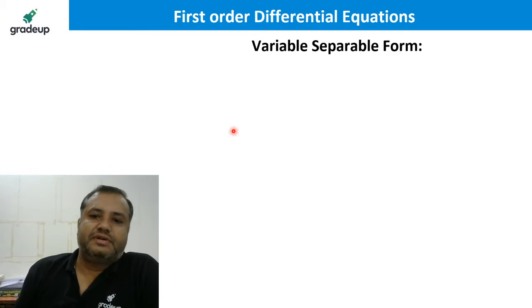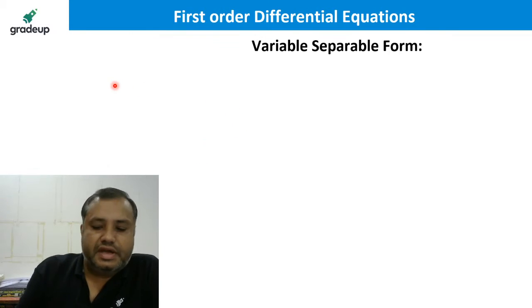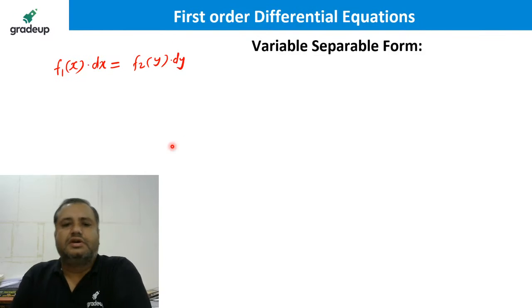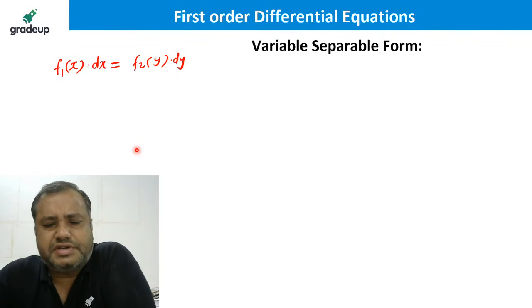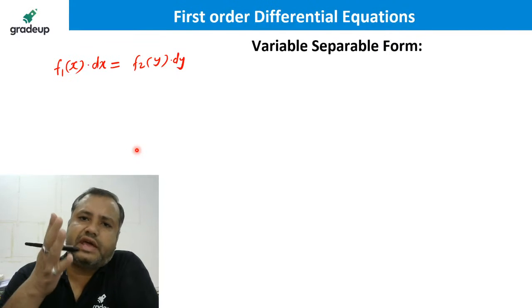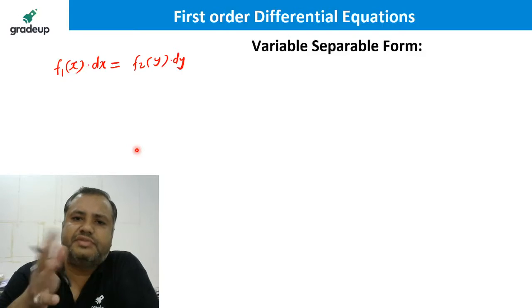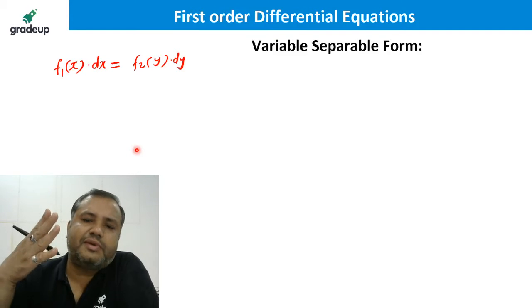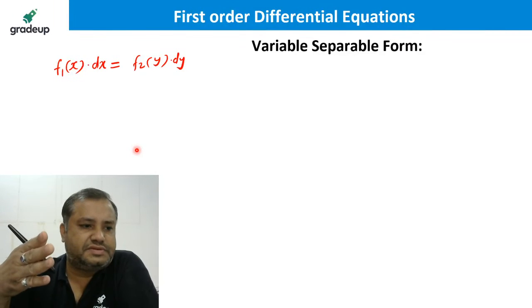First form is variable separable form. In variable separable form, you will be getting an equation of the form f1(x) dx equal to f2(y) dy. This is an equation in which terms containing x and terms containing y can be separated on either side of the equal to sign.